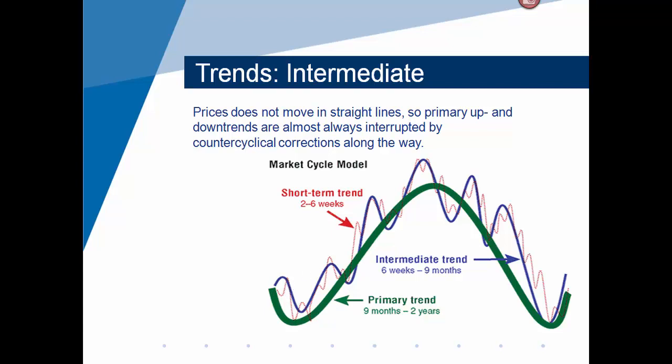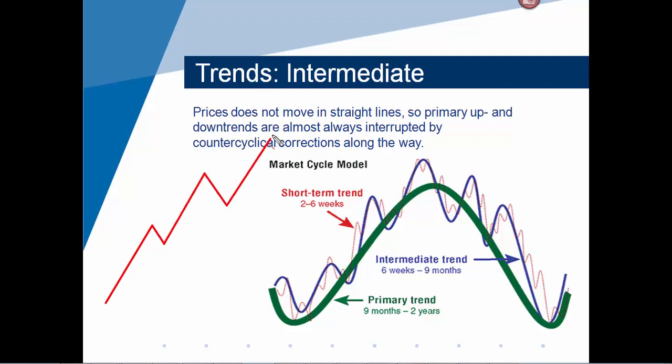So, there are going to be times when we're going to be seeing an uptrend in our larger time frame, and this pullback here is just a minor retracement of this larger move. But on your smaller time frame, this is what you're going to be seeing.